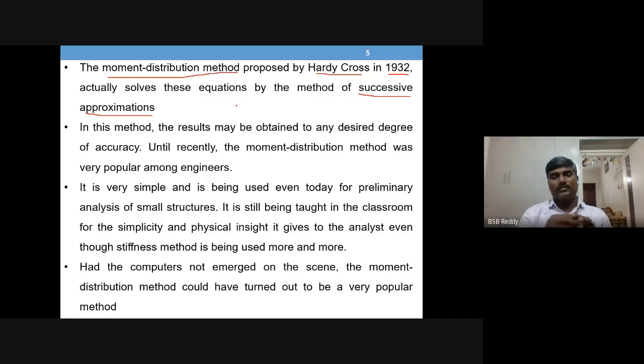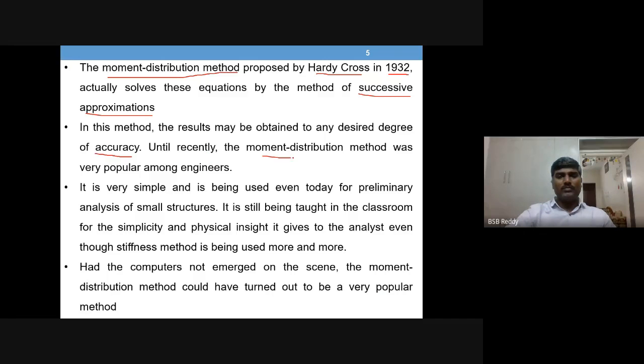Okay, so that is how you define the moment distribution method. Right, so accuracy you can fix on your own. If you want the values to be accurate to the level of 0.1 or to the level of 0.01, it's your choice.